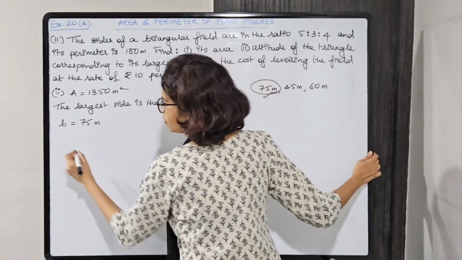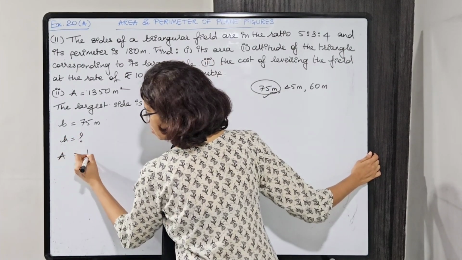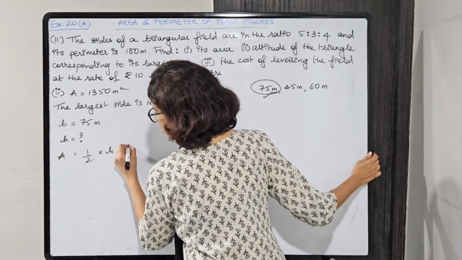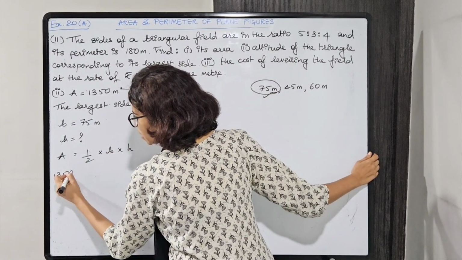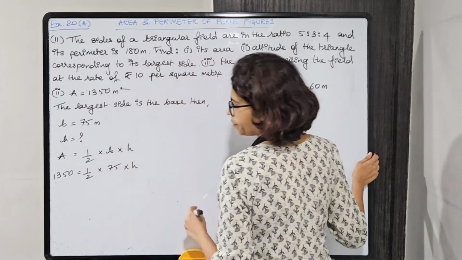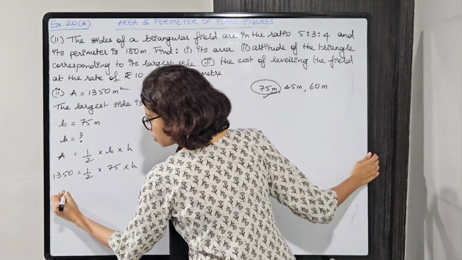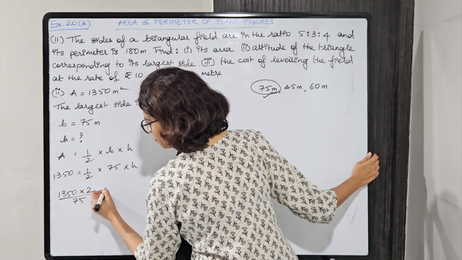Height क्या होगा ये find out करना है. So area is half into base into height. Let's put the values. 1350 is equal to half into 75 into h. Let's shift the numbers. So 1350 into 2 हो जाएगा, this will go in denominator.